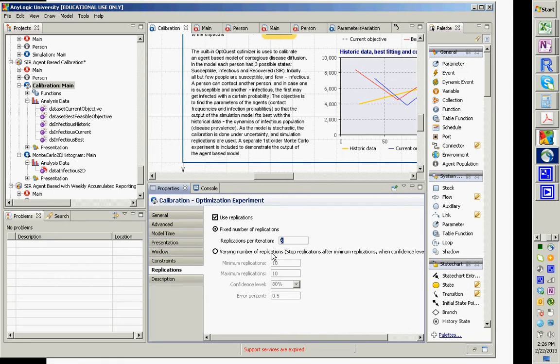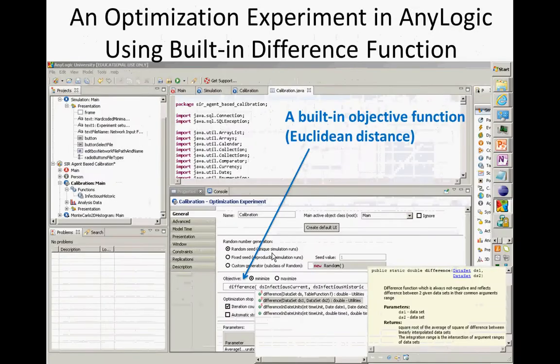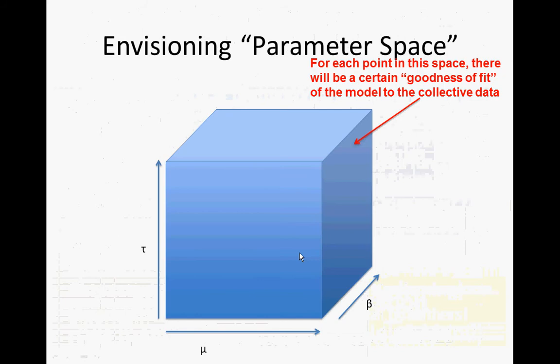So in short, we have this notion of exploring parameter space that we went over a few days ago. Here we're doing calibration. We're finding the best combination of parameter values, particular points within this space that yield model results that most closely match historic data. And in order to assess a given point, because the model is stochastic, we run it several times.